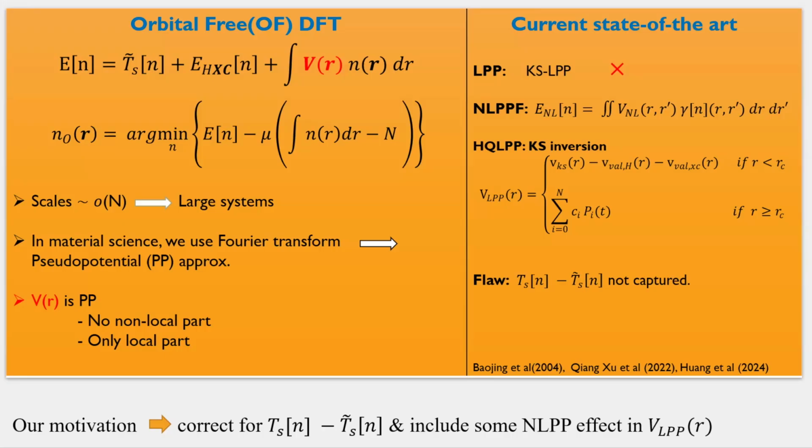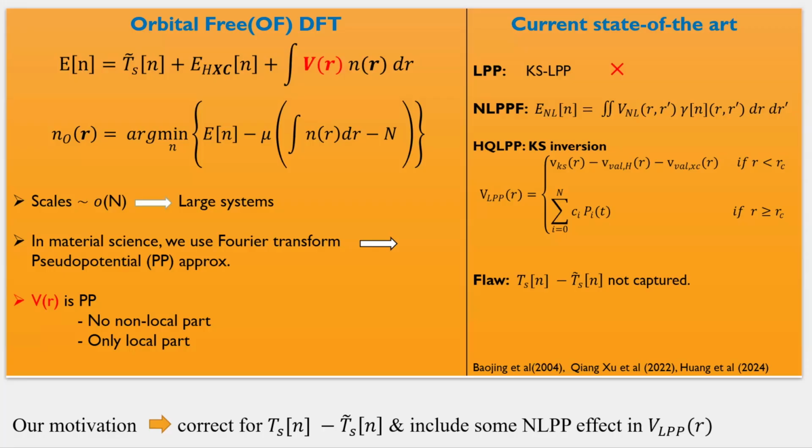Another approach is to create a one-body reduced density matrix and couple it with the non-local parts of the pseudopotential. This was implemented by Zhu et al. in 2022, and found that there is a mixed result. It's not really great.